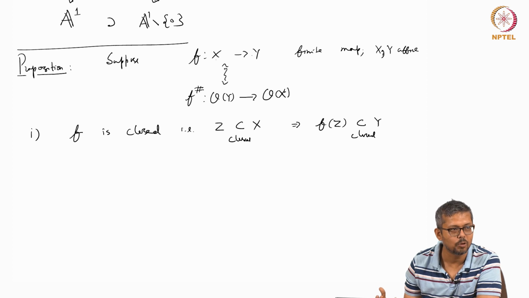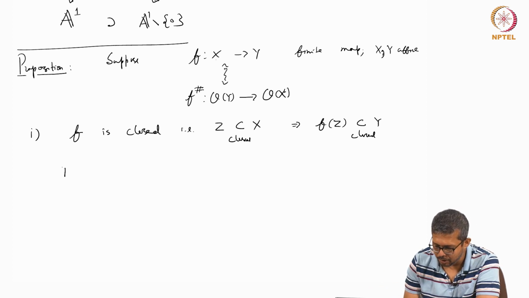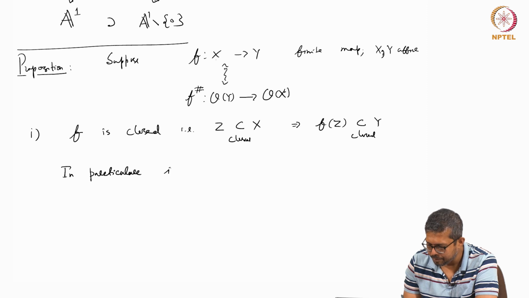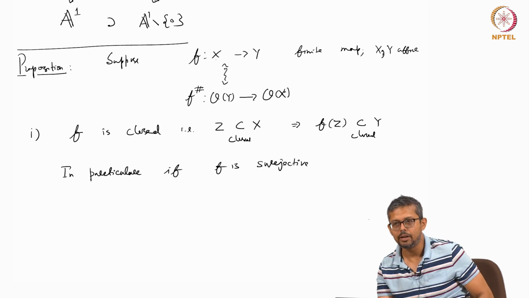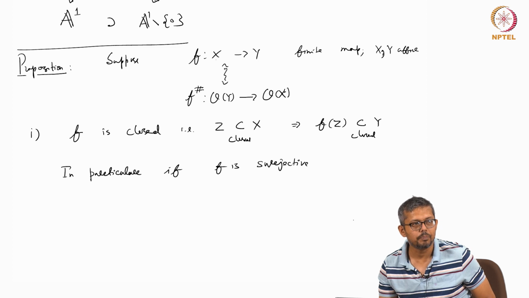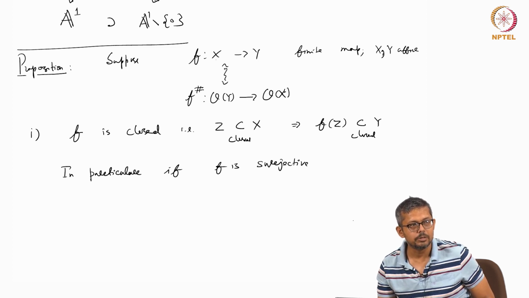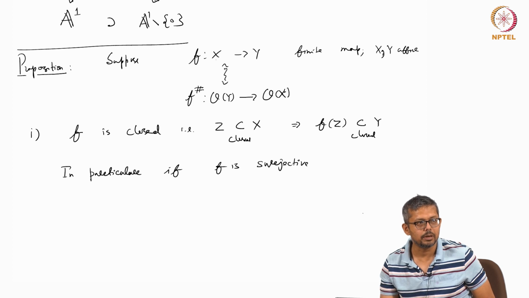So that's a closed subset in Y. So that's also a subvariety. So in particular, if f is surjective, so that means what? f of X is equal to Y. So what does it mean?